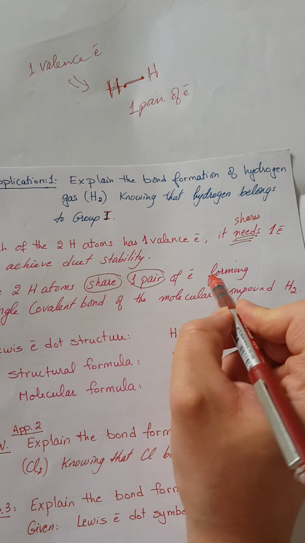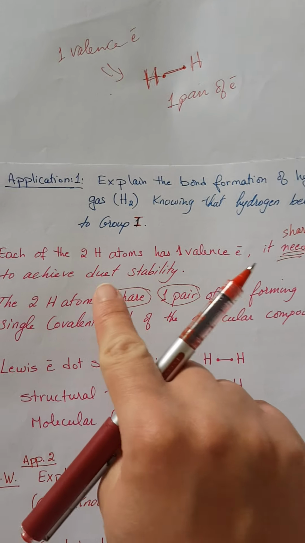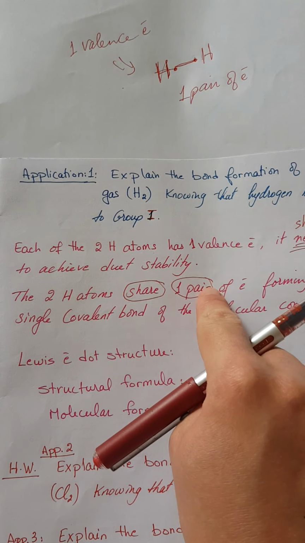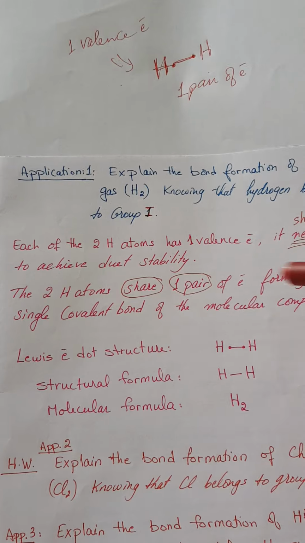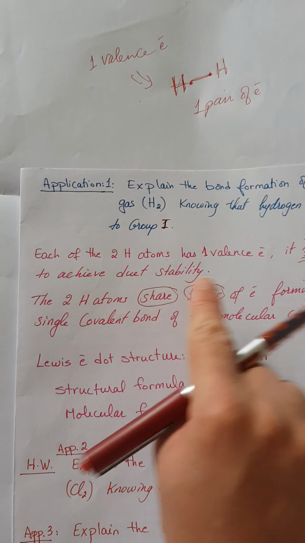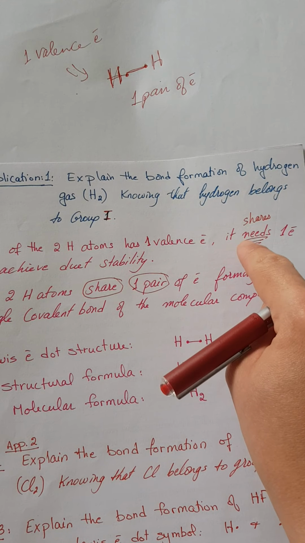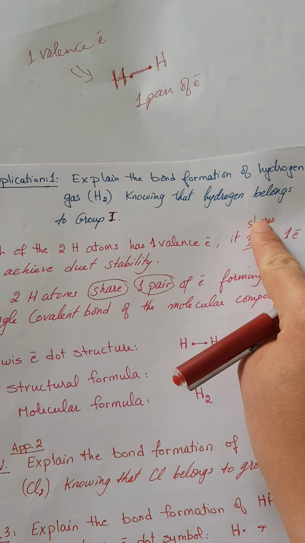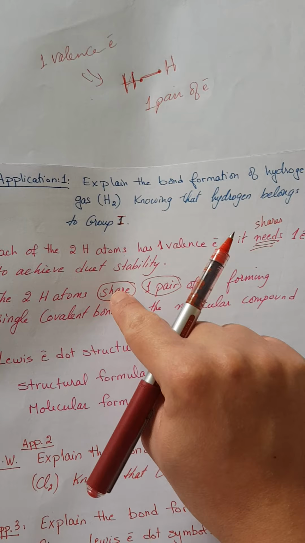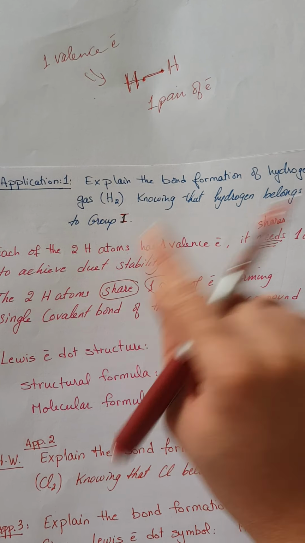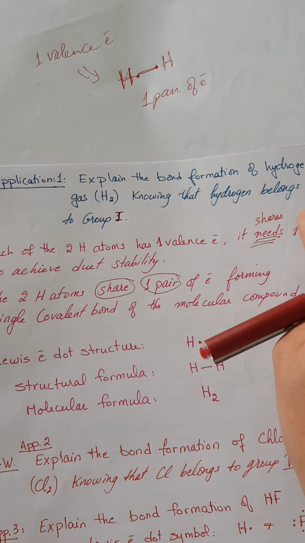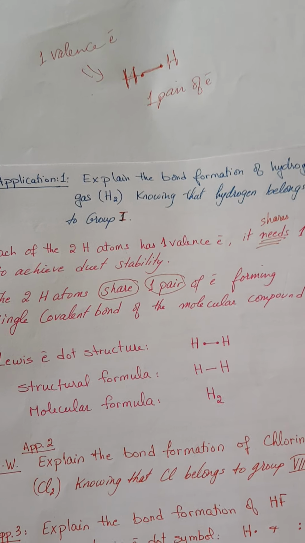one pair of electrons. If you never said these two terms, you'll never get a grade. So, share one pair. That's why I told you to use here need and not share, so as not to get mixed between both terms. If you are able to differentiate, I have no problem using share here.